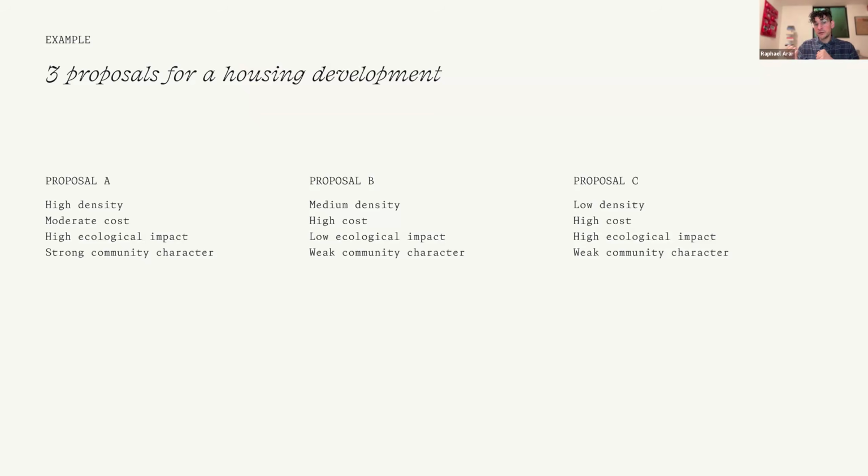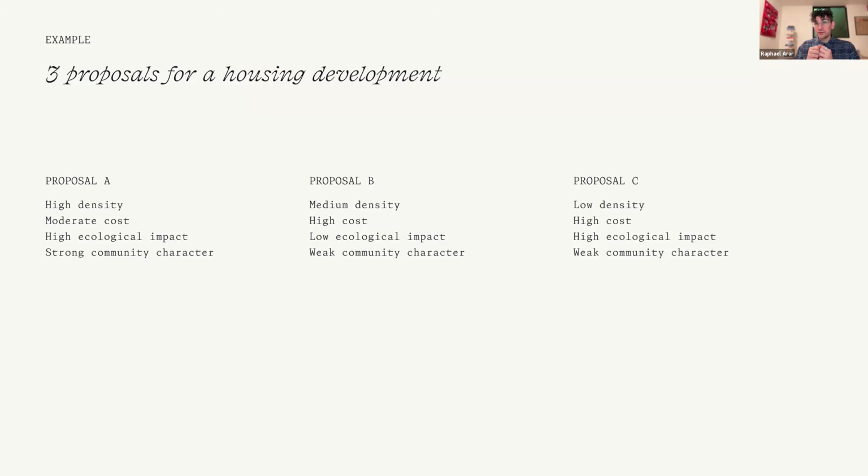Proposal B is medium density, high cost, low ecological impact, weak community character. And proposal C is low density, high cost, high ecological impact, and weak community character. So which one of these is dominated and which are non-dominated? And what would you need to know to choose among the remaining ones?